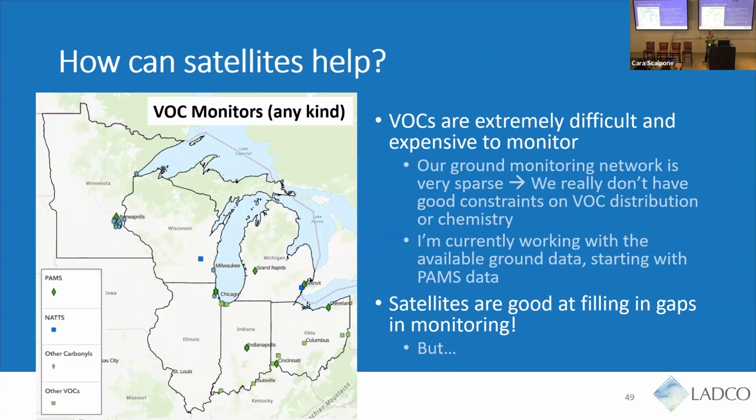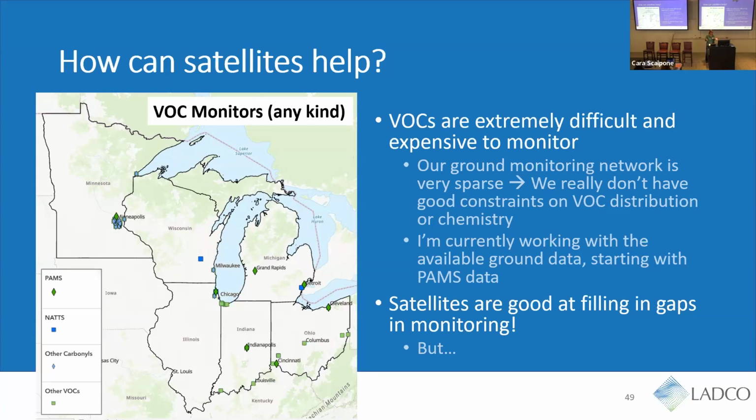The problem is VOCs are really hard to monitor. It generally takes a gas chromatograph or some kind of mass spectrometry to get at them. Very expensive. As a result, there's not many monitors. This figure shows all the monitors, at least state-operated, state EPA-operated monitors in our region that monitor anything. And some of these, like one of the monitors in Northwest Indiana, outside Chicago, monitors benzene only.